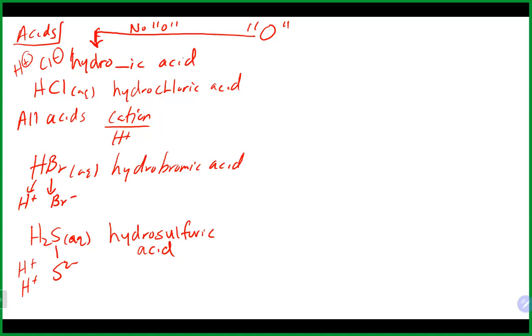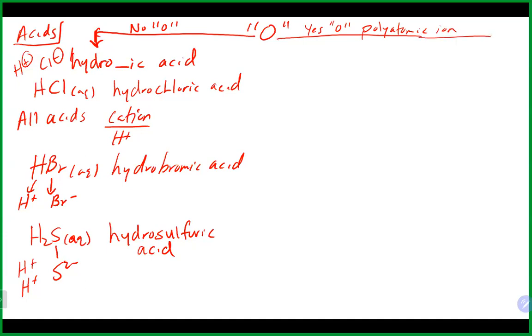Hydro is oftentimes used incorrectly when people are naming acids because they want to put it on every acid because it makes it sound more chemistry-like. It is strictly for this type of acid that does not have oxygen. So hydro should only be used when there is no oxygen in your acid. Any question on no oxygen? Now, when we do have oxygen involved, and if the answer here is yes, we have oxygen, it will have a polyatomic ion that we just saw.